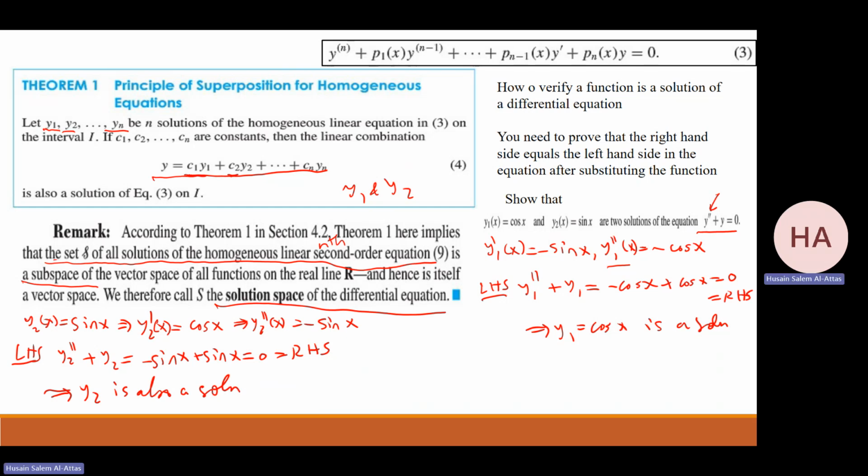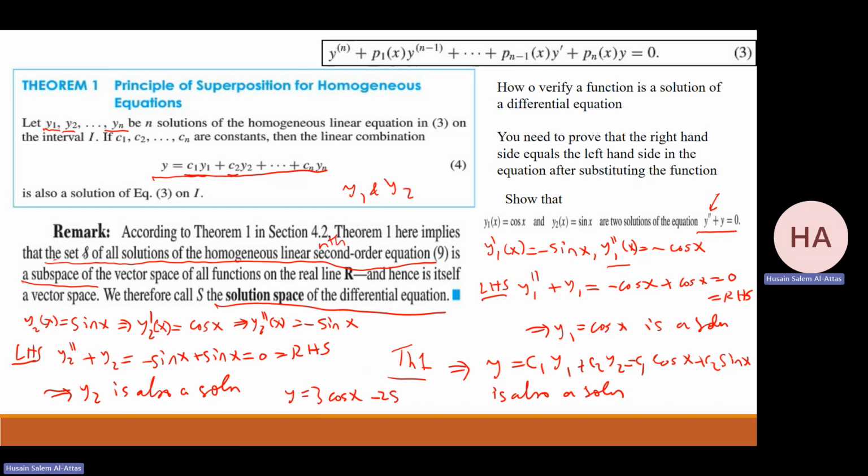Now, what does theorem 1 give us? It implies that any linear combination, c1 y1 plus c2 y2, which is c1 cosine x plus c2 sine x, is also a solution. For example, y equals 3 cosine x minus 2 sine x is also a solution.